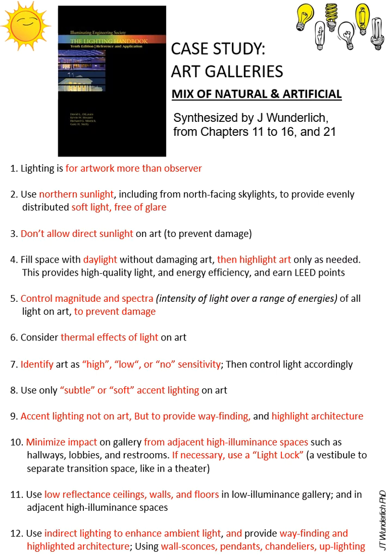You want low reflectance everywhere in the activity spaces and the art exhibition space. You want indirect lighting to enhance ambient light and for wayfinding and to highlight architecture. Use wall sconces. That's like little seashell things you can see on the walls. Sometimes they're conical kind of things with the light shining up or down. Pendants hanging down, chandeliers, uplighting, different ways of doing that.